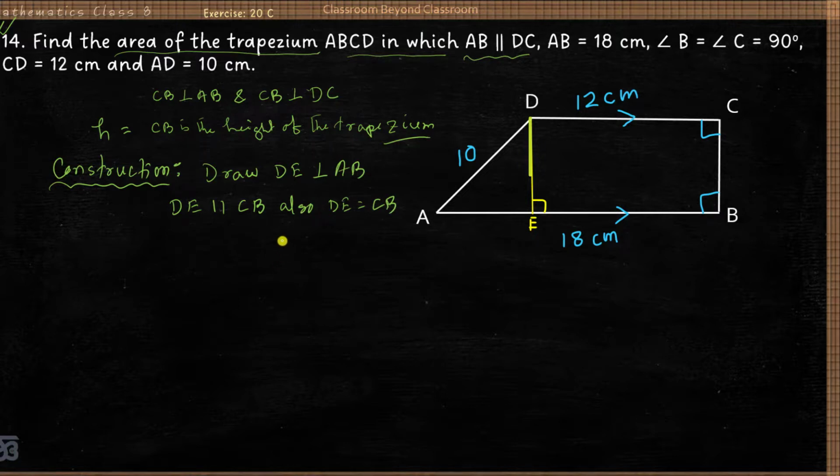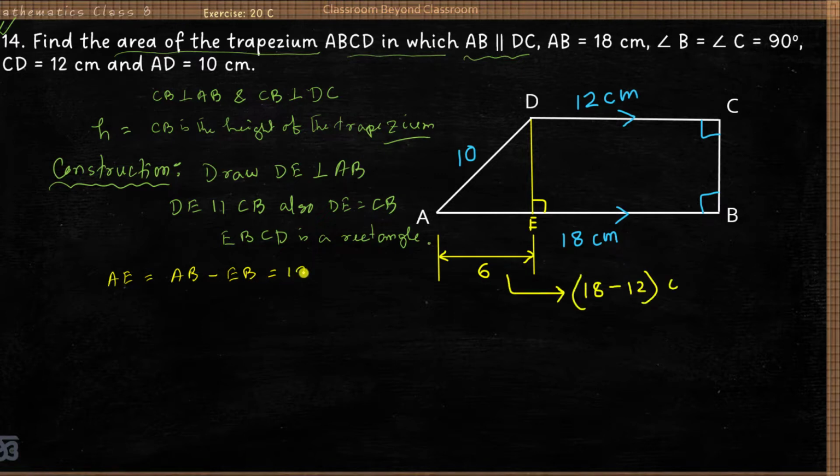So EBCD is a rectangle. Now here you can see AE is equal to AB minus EB, and that is equal to 18 centimeter minus EB, and EB is also equal to DC, that is equal to 12 centimeter. So AE is 18 centimeter minus 12 centimeter, and this is equal to 6 centimeter.